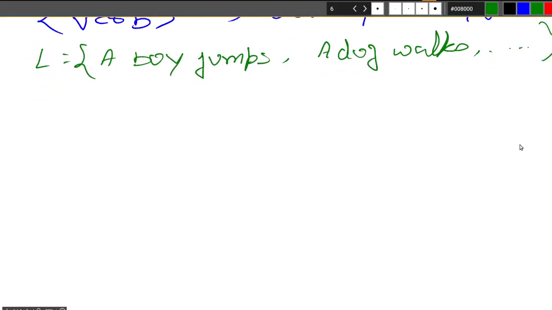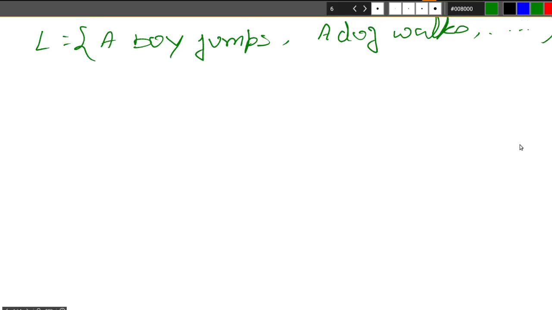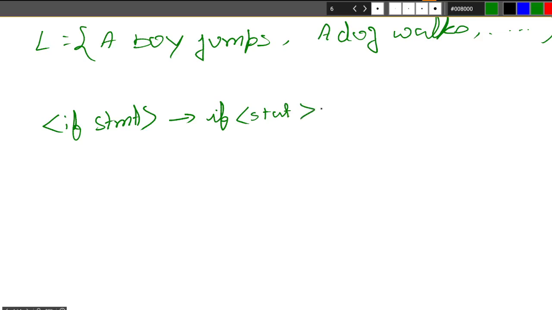If you are thinking about your C language also, in C also how do you write some statement? Given one statement, how do you write an if statement? An if statement will have if, which is compulsory, if is a keyword. After that you will have certain statement. Okay.